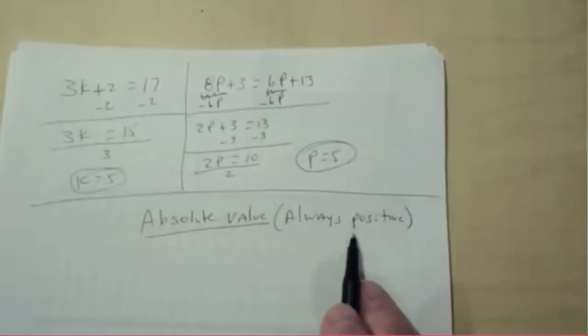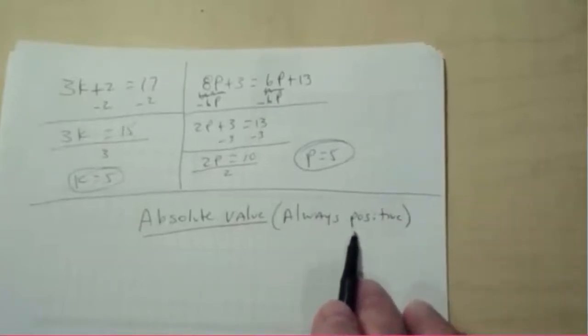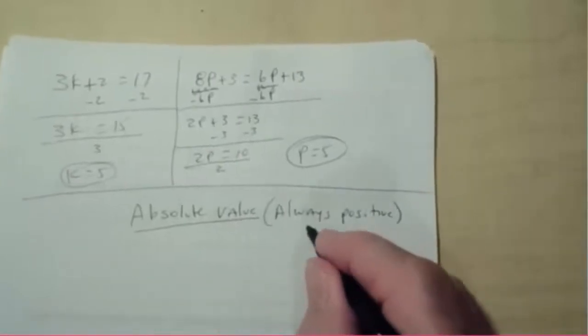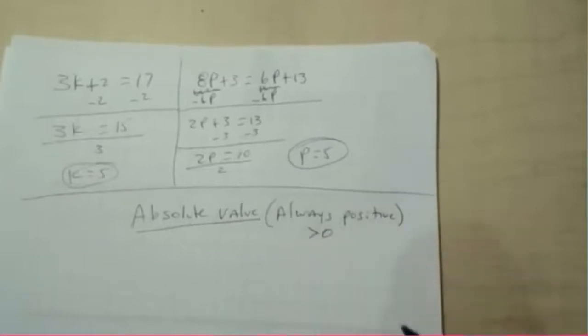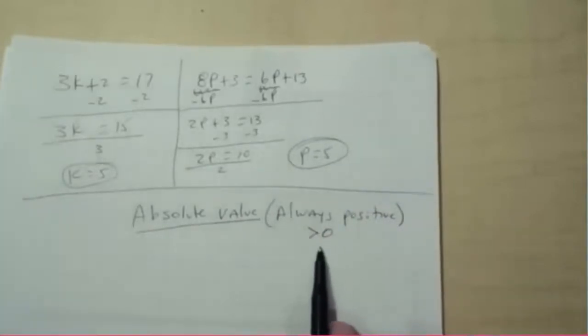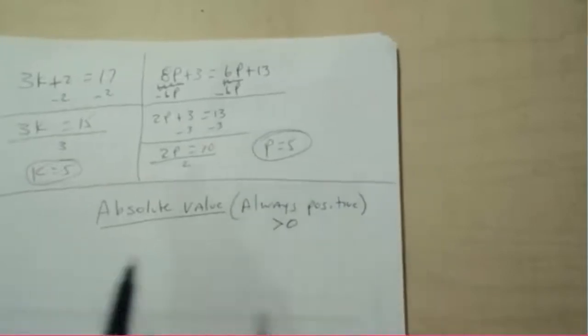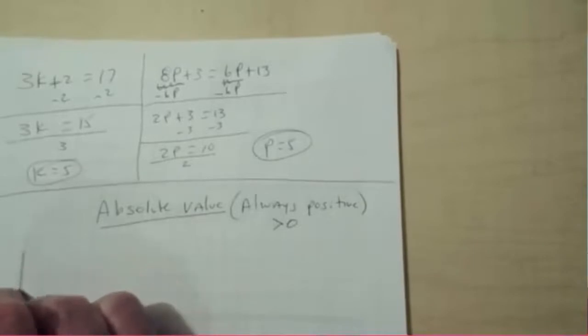Now you're going to see this from time to time. Positive is greater than 0. Okay, absolute value we write like this.